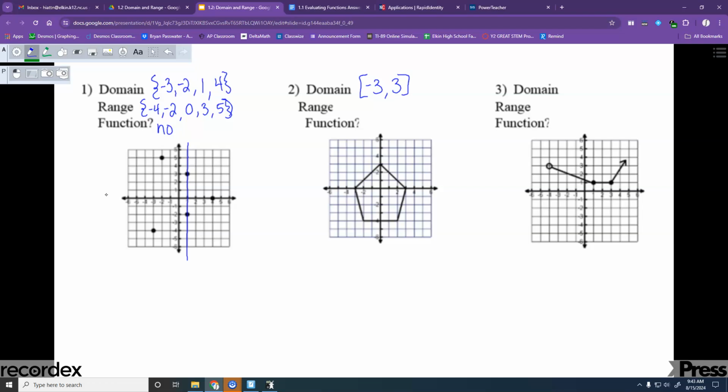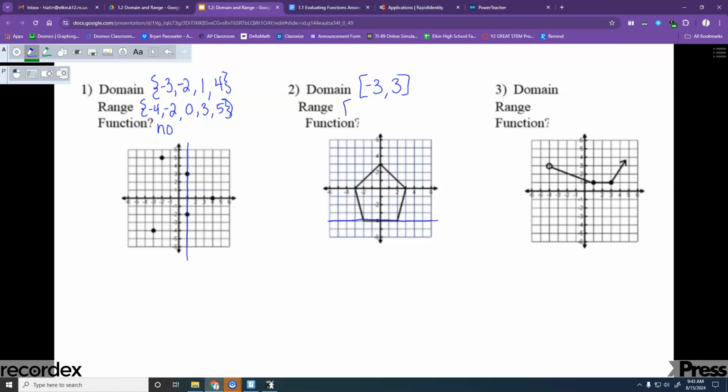Okay? Range, you're going to do the same thing, but you're going to turn your spaghetti horizontal. And I'm not tall enough to do this well. But you're going to go up with your horizontal line, and as you take that horizontal line up, the first time that horizontal line hits your graph is right there at negative 4, right?